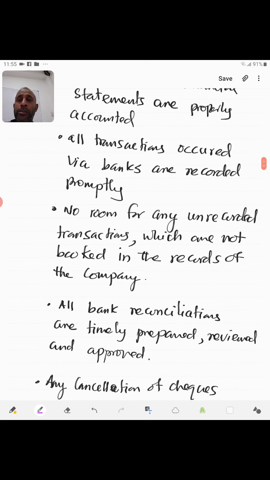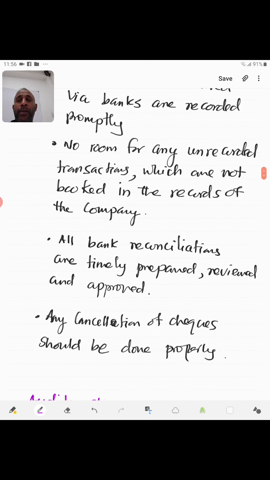Secondly, all transactions occurring via banks are recorded properly, so the accountants have not missed any such transaction. Thirdly, no room for any unrecorded transaction. In the bank statement there may be line items which the accountant could possibly have missed, skipped or omitted, or sometimes deliberately omitted.